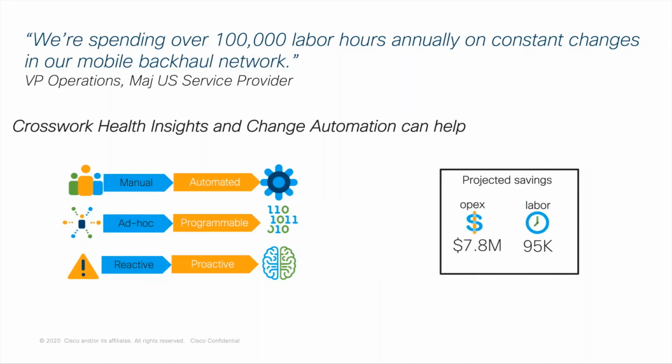With this, the projected savings is around, you can see the numbers there, 7.8 million dollars, and in terms of labor hours, we are talking about close to 95K labor hours.